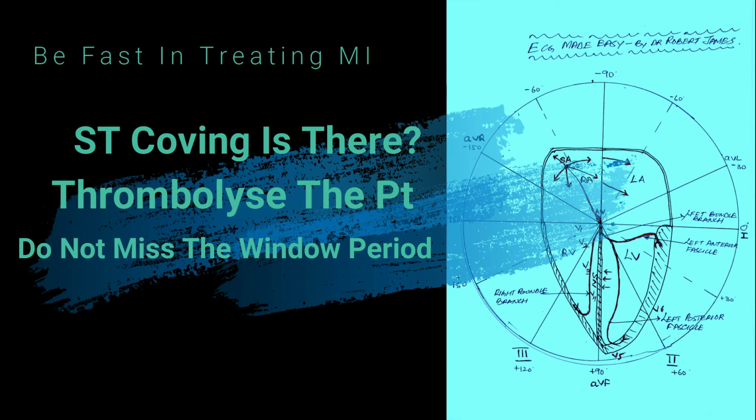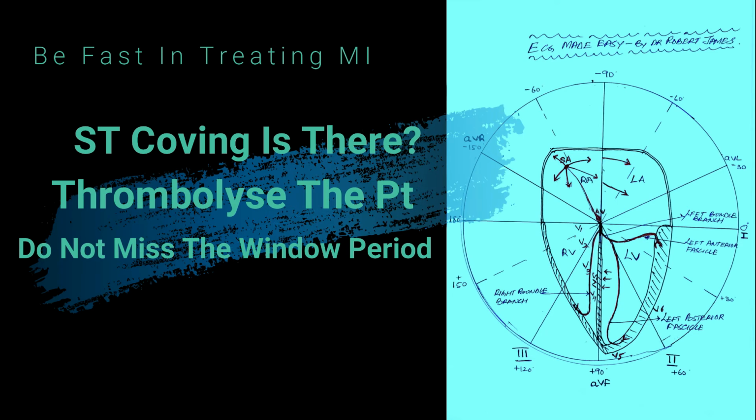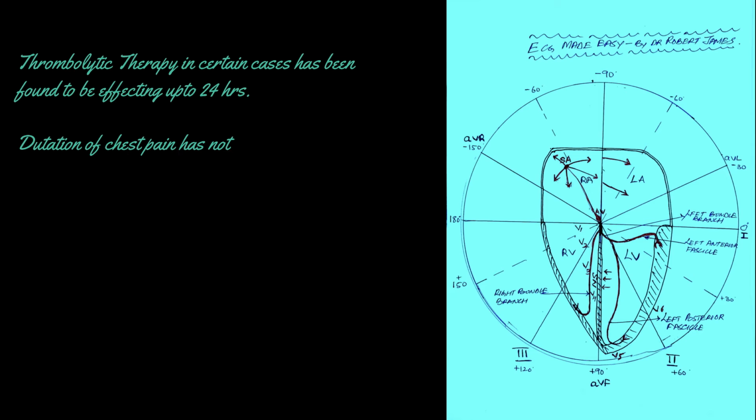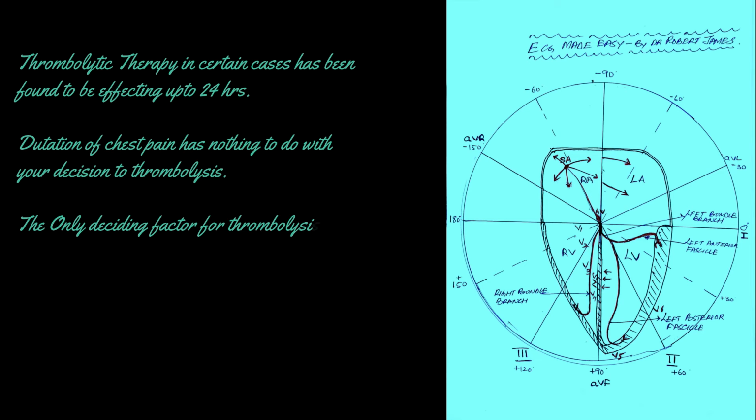You have to give thrombolytic therapy in the first half hour or 1 hour, maximum up to 6 hours. And you can give thrombolytic therapy up to 24 hours also, because there are a lot of studies which have shown that it helps. And if the patient is stable, you can give thrombolytic therapy, there is no harm.